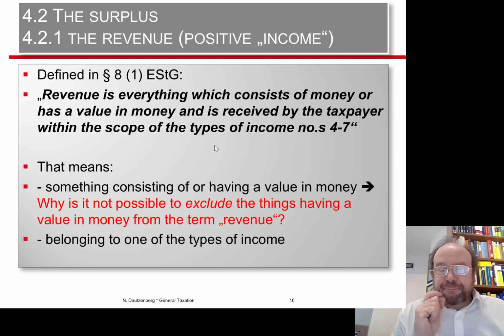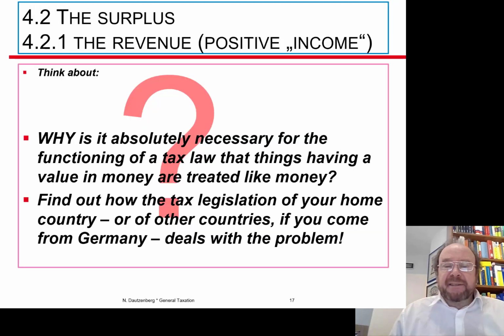That means, first thing you need to understand is not only money is considered as revenue, but everything which has a value in money, so which you can measure in money, that's also a revenue. And naturally, revenue is only taxable if it goes back to one of the types of income. So if it's caused by one of these activities, that's clear. So that explains the second half of the definition.